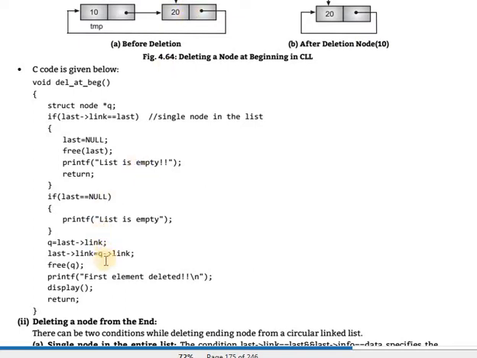After that, queue->link is assigned as last->link, and the queue variable is deleted, freed. The first element is deleted, display the message, the remaining elements are displayed, and return.